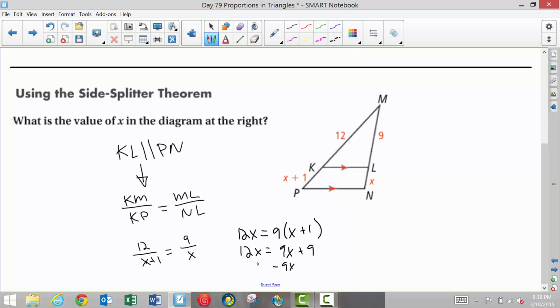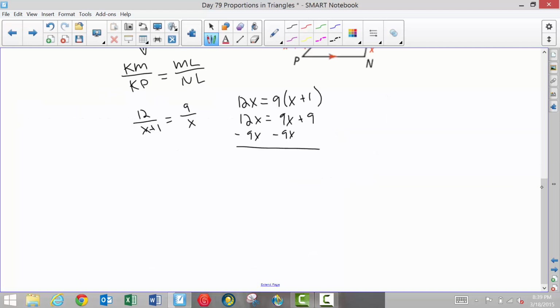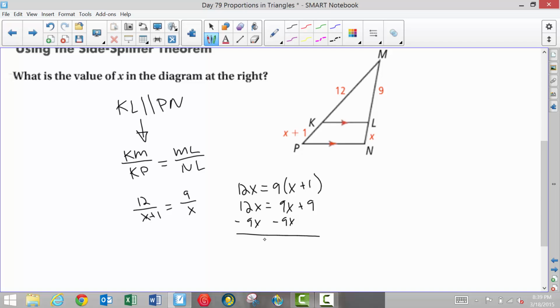I can subtract 9x from both sides. So when I solve for x, I have 3x equals 9, therefore x is equal to 3. Since x is equal to 3, I can substitute it back in. So I know that LN is equal to 3. And I know that KP is equal to 3 plus 1, which is 4.